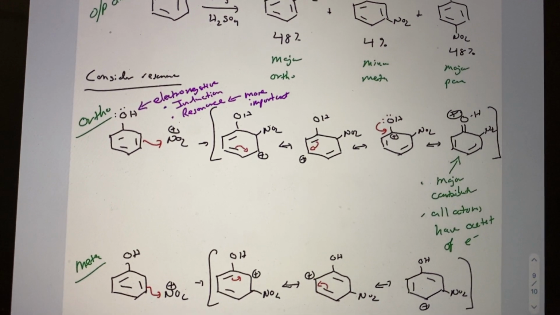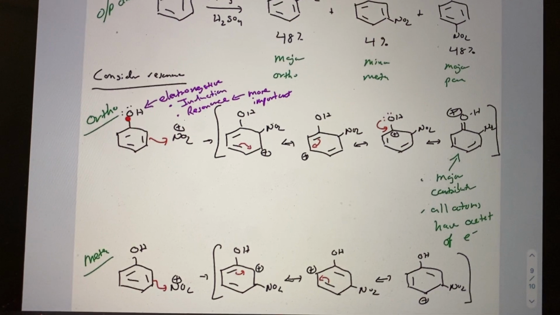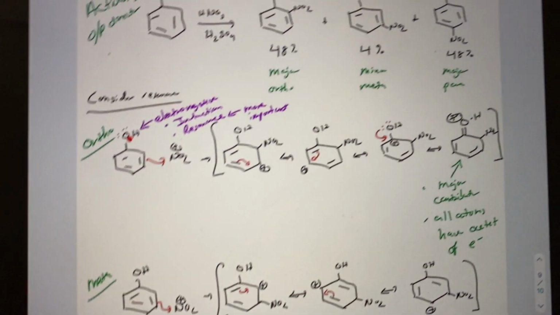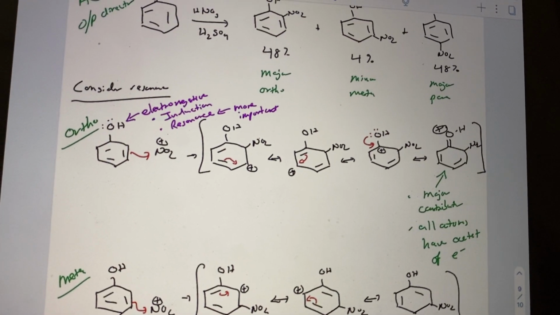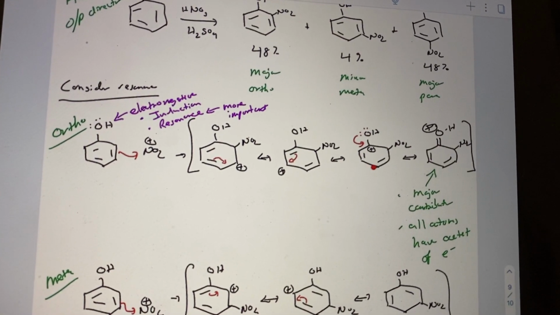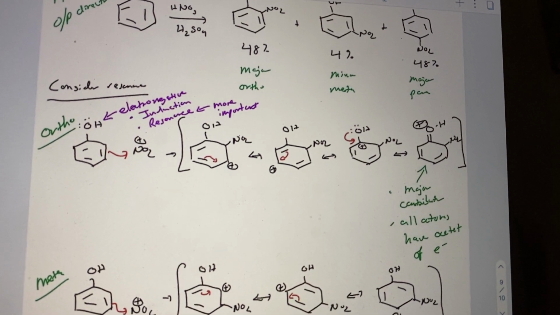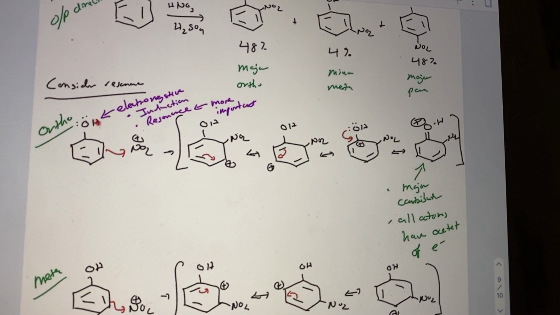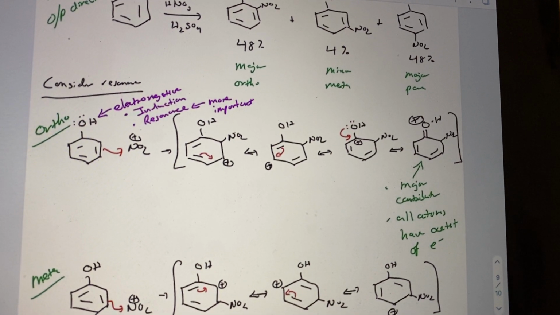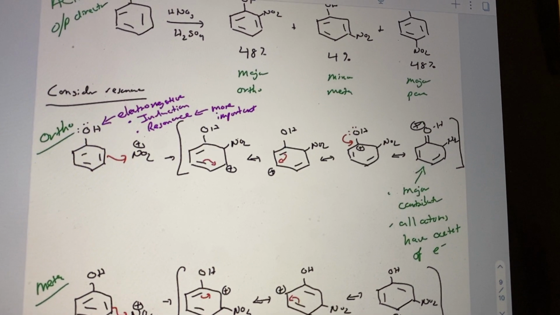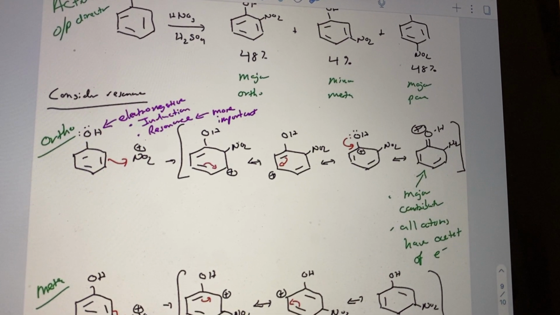So even though the hydroxyl group, the oxygen, can pull electron density out of the ring by induction, it can dump electron density into the ring by resonance. And that's what we're showing here in the resonance structure of the carbocation intermediate. And you could even draw resonance structures of our starting material, where we move the electrons into the ring. We'd have multiple formal charges, but it illustrates that this hydroxyl group is dumping electron density into the ring.